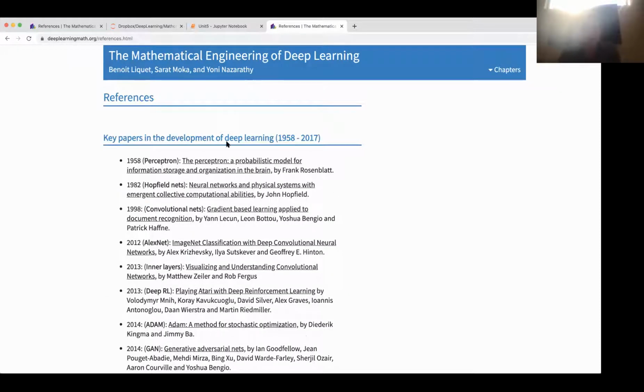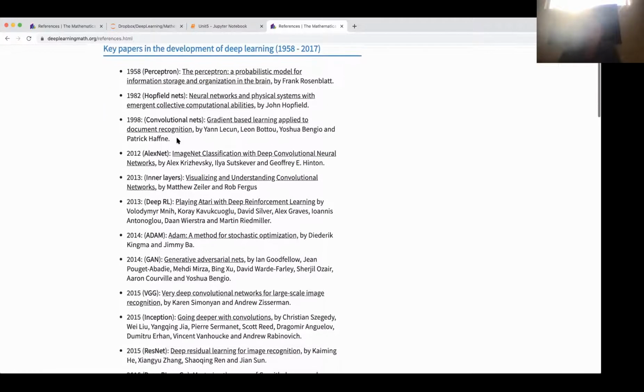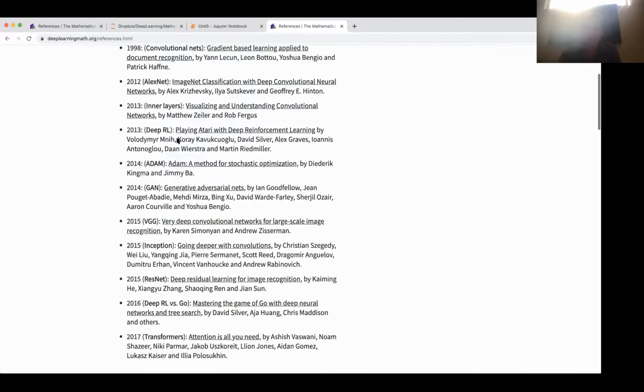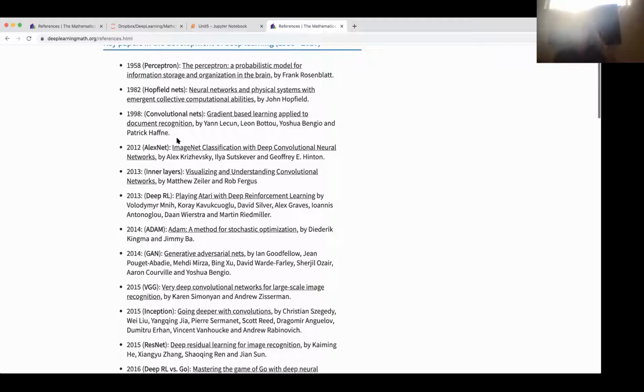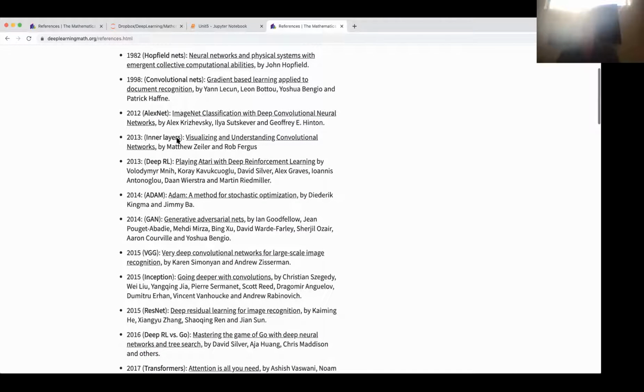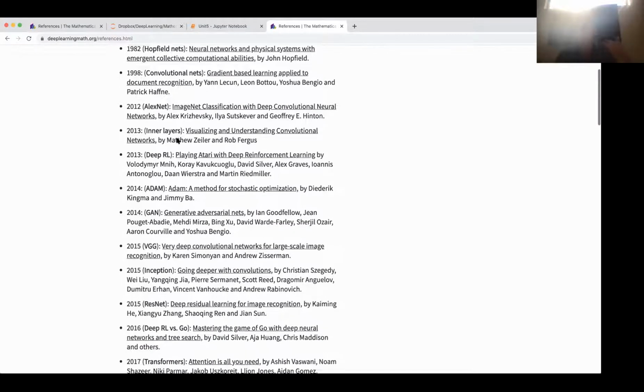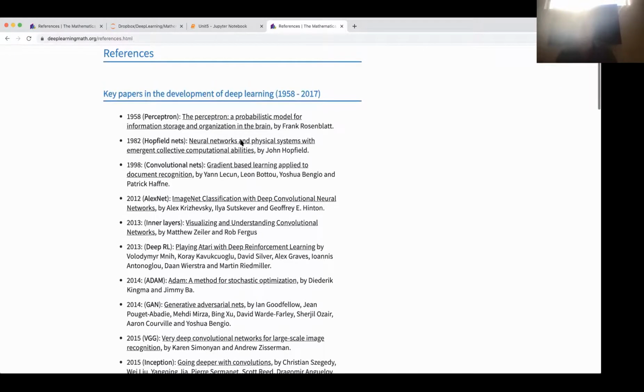You've got a few things in the references section. These key papers in the development of deep learning are not for the project. They're here because they're key historical papers, where after each of these papers there was a significant jump. Some are fundamental, some less so, but they all improve things. This is a historical perspective.